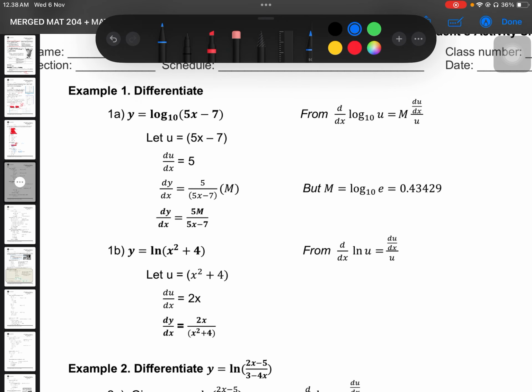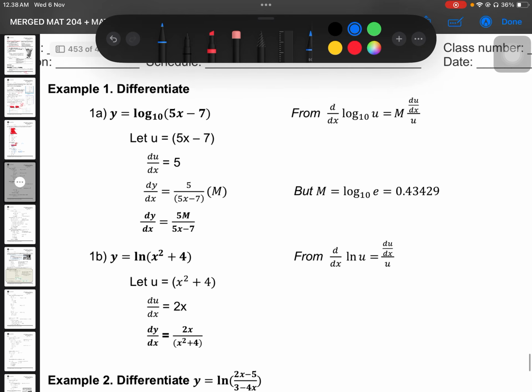So, we have logarithm of 5x minus 7 to the base 10. Okay. So, we have y is equal to logarithm of 5x minus 7 to the base 10. So, di ba sabi natin dyan, get the derivative of u. Ano ba yung u natin? Yung nasa loob ng parentheses. Okay, so you get the derivative of 5x minus 7.